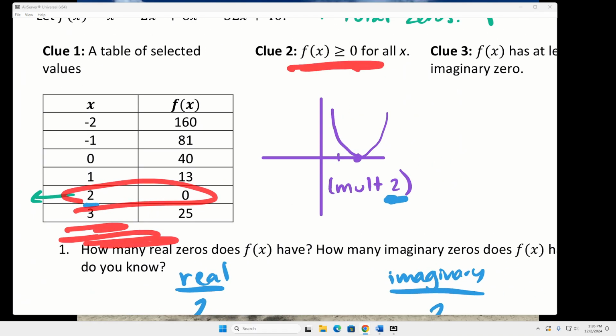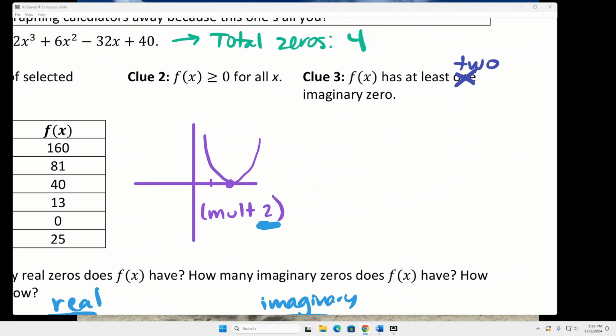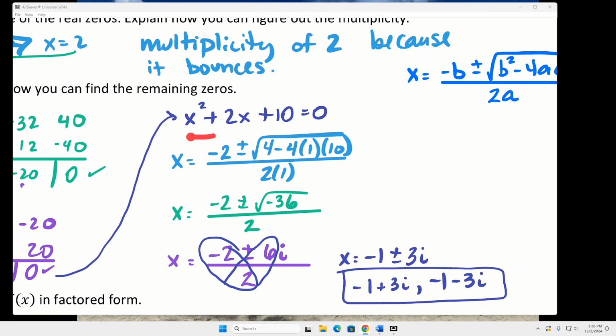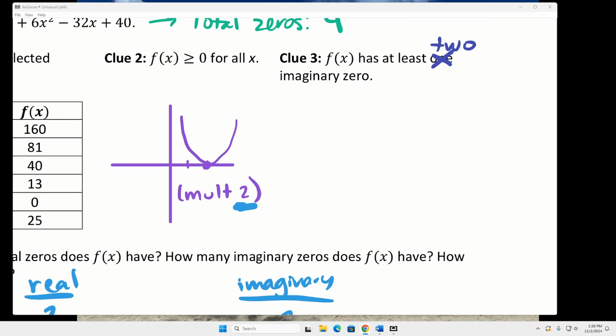This clue was necessary, so we would know there was a multiplicity of 2. I don't feel like this clue was necessary. It saved us time. So when we got to this point, we knew we didn't want to try to factor it. We would go straight to the quadratic formula, but we could have found those without knowing that there was an imaginary zero. So I think clue 3 is optional but helpful.